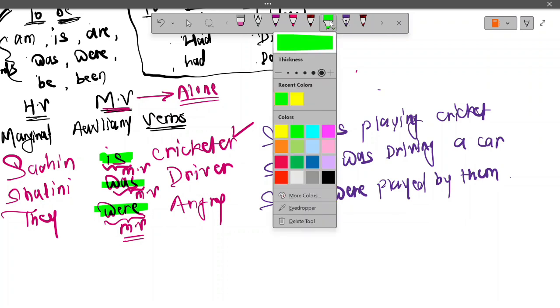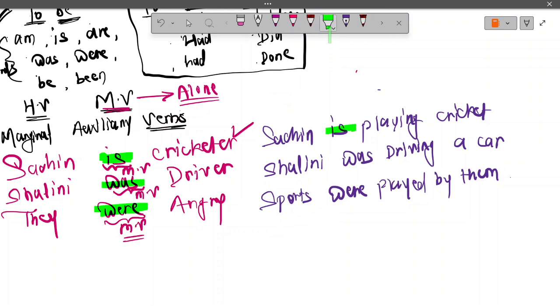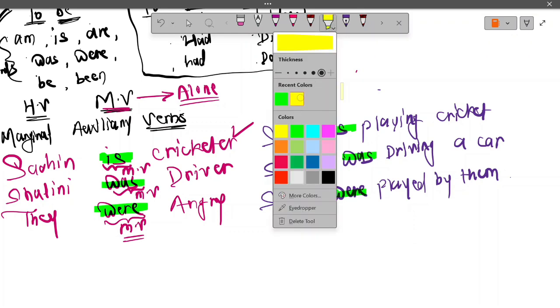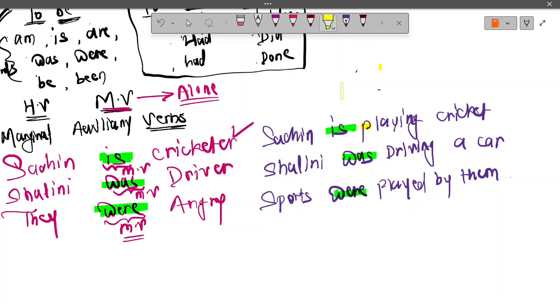In such sentences we are able to see this is, was, were, which were there in these previous sentences also, okay. But now there is a hack. Apart from this we are able to see this playing, this driving and this played, correct. Don't you think that these words are actually representing or actually fulfilling the definition of the verb?